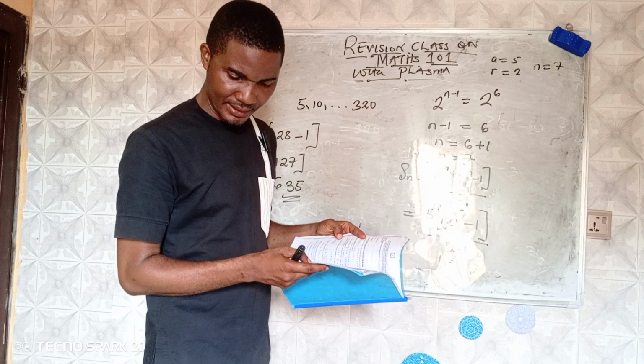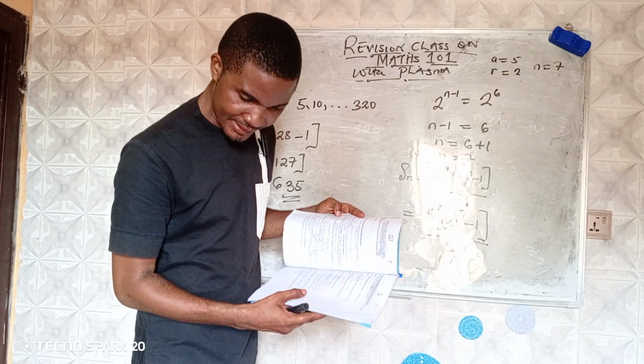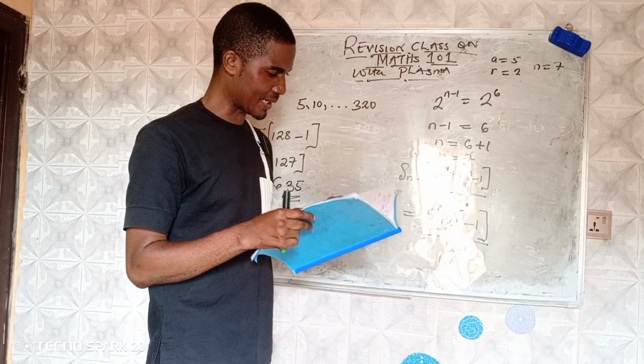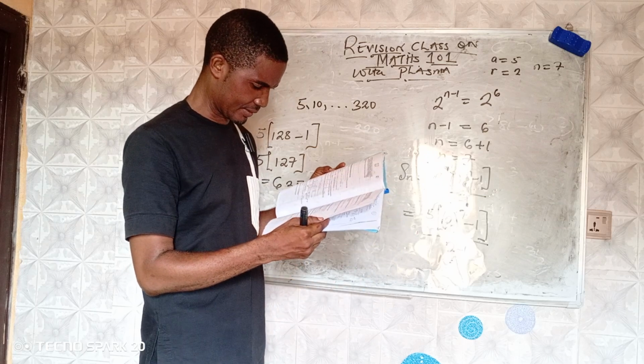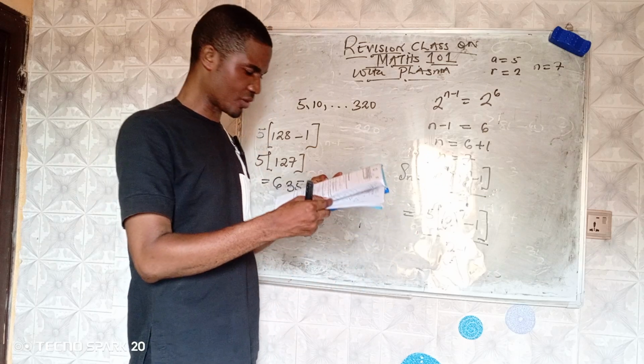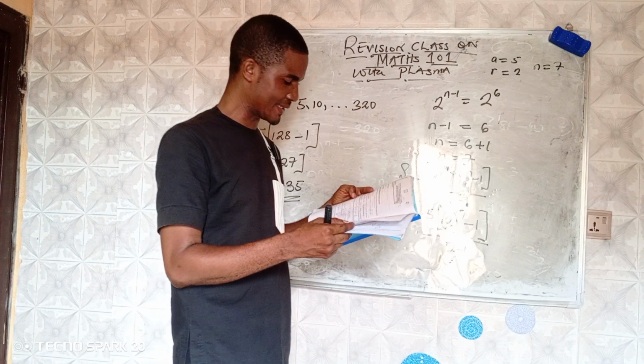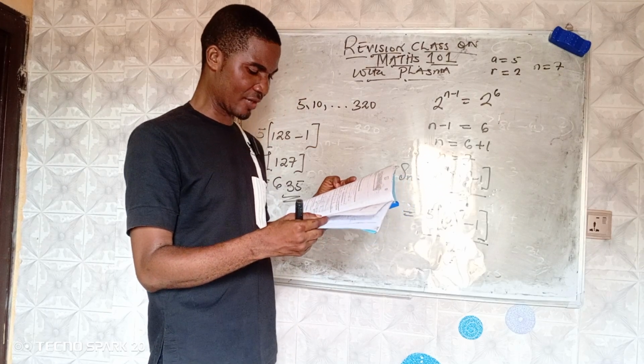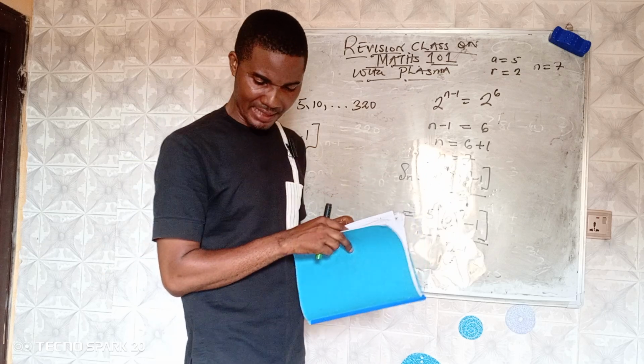You have done that. Then section B of it, we have question number 10. The fourth, almost the same thing with question number 6. Observe that. Question number 6 and question number 10, that is 10, not 1, in section B. They are the same.